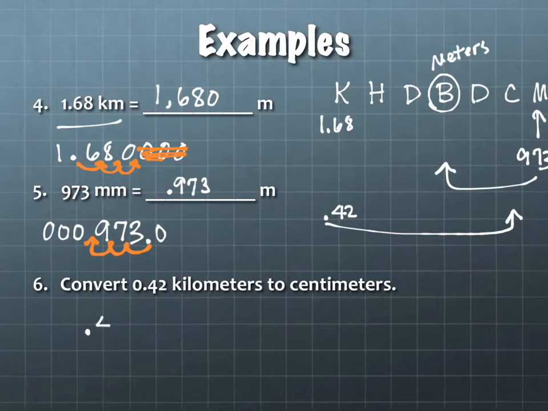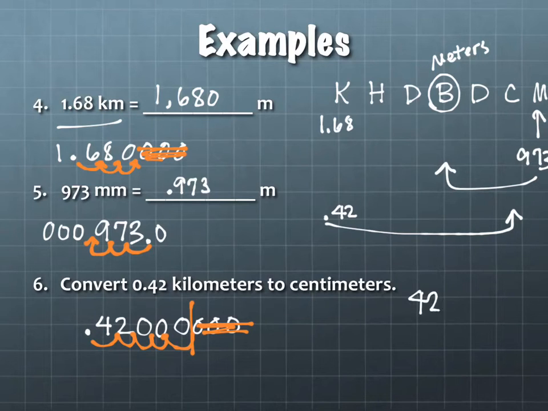I have my decimal point 42, and I can put on extra zeros like I said a minute ago. Here's 1, 2, 3, 4, and 5. I didn't need that many zeros. So what do I have for my number? 42,000 centimeters.